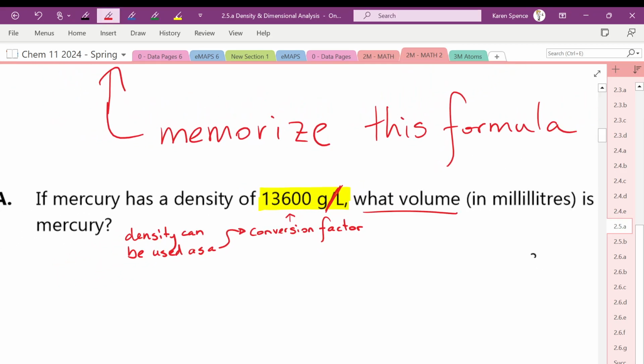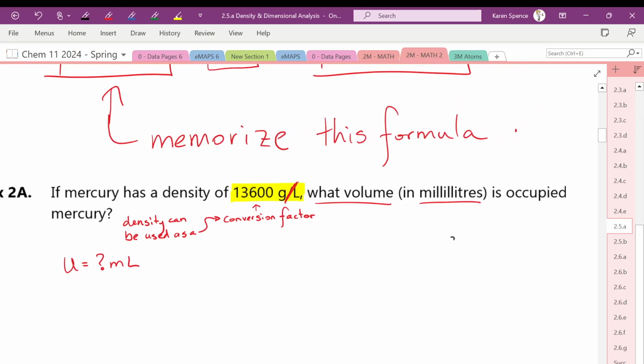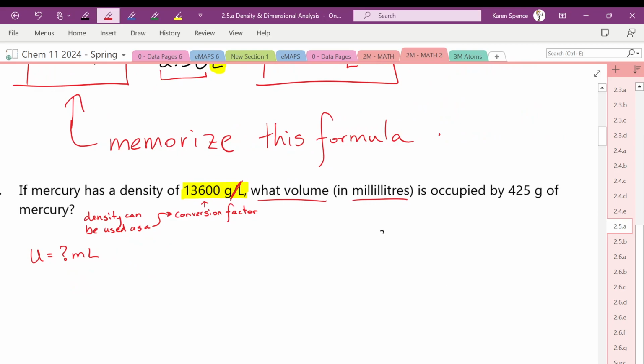So our unknown, what volume, in milliliters, is occupied by 425 grams? Now, if anyone has missed this up till this point, do you notice how what volume is attached to 425 grams? Do you notice how those two are attached in the sentence? What volume is occupied by 425 grams? Those are connected.